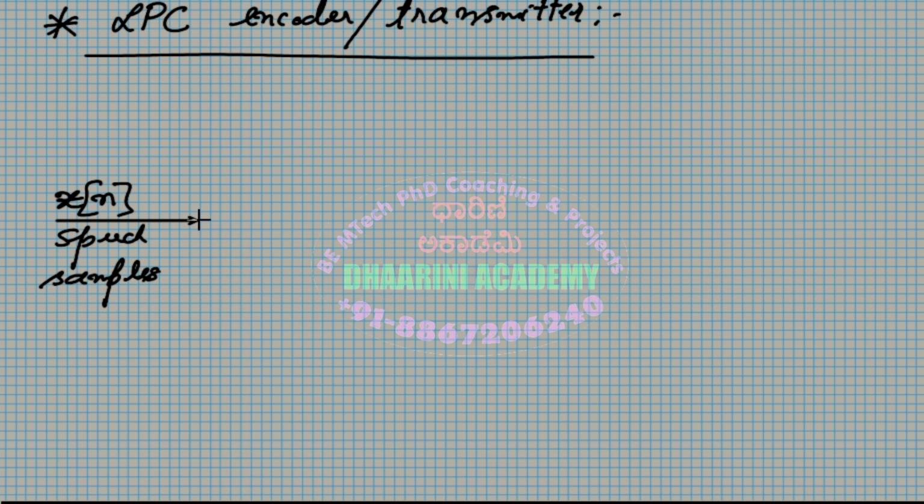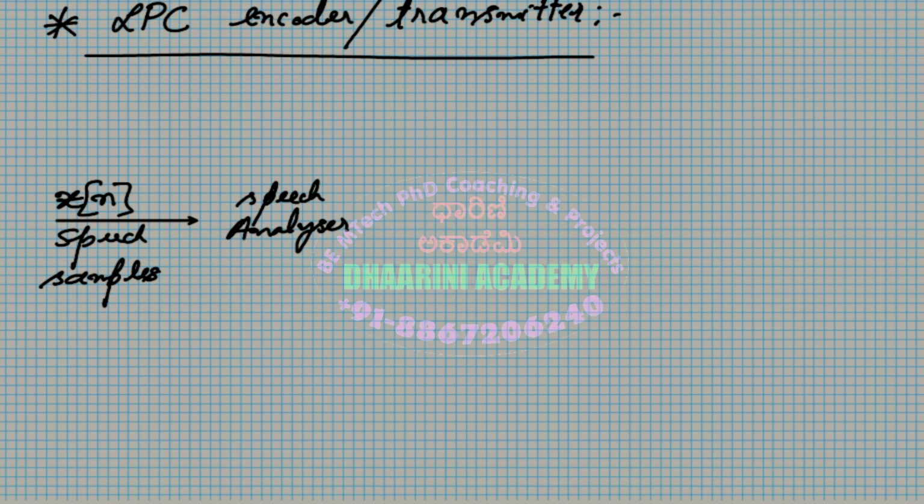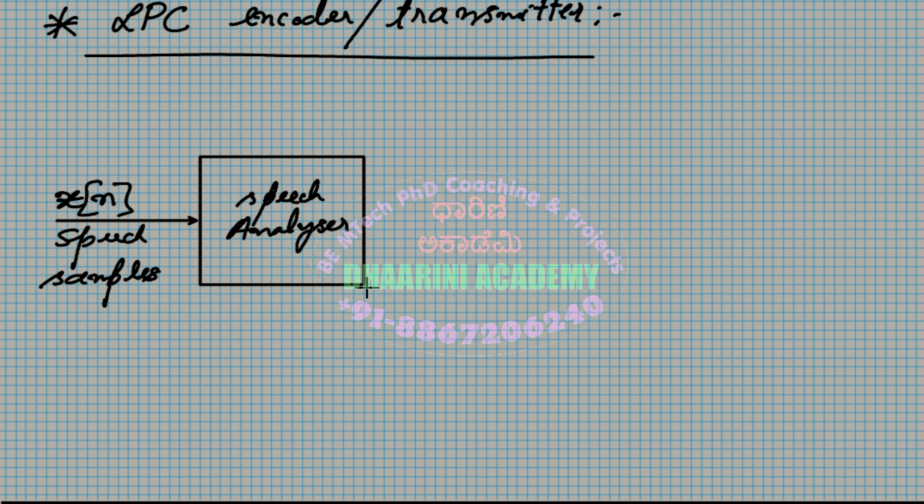The first part is called the analyzer. The analyzer provides certain outputs, and these outputs are considered the parameters which we want to use for our encoding purpose.